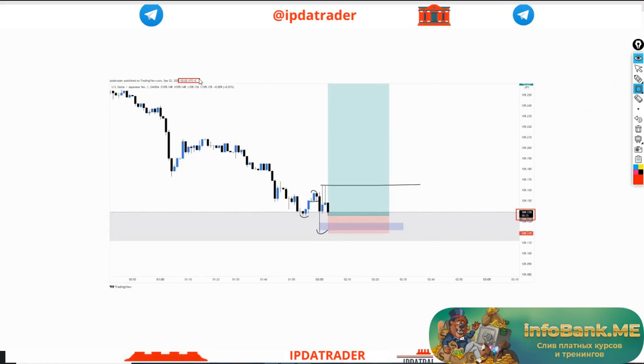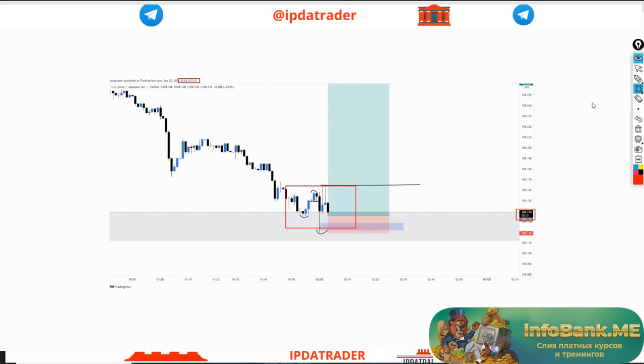And what I've noticed is that mitigations that occur during high volume times usually and generally provide bigger moves and higher probability mitigations. So this is a pretty aggressive entry, if I'm being totally honest, but this was absolutely fine within my trading plan, right?